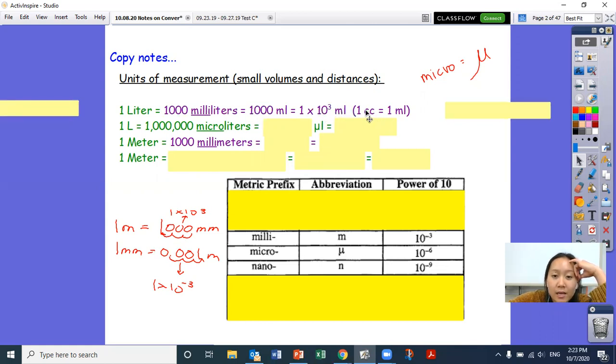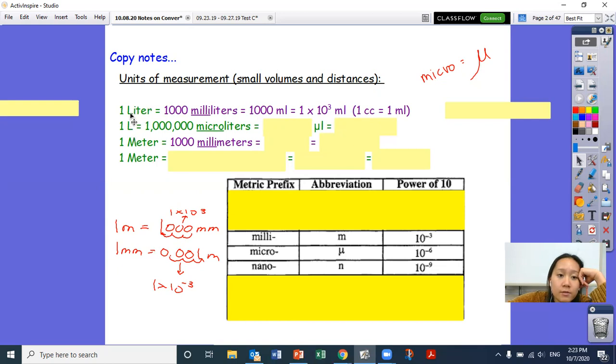Okay. And technically in science, you'll learn it more in chemistry, cc stands for cubic centimeter, and that's actually the same exact volume measurement as a milliliter. And it's super cool to know just because we use different measurements across the world, but cc and ml are very uniform across science.